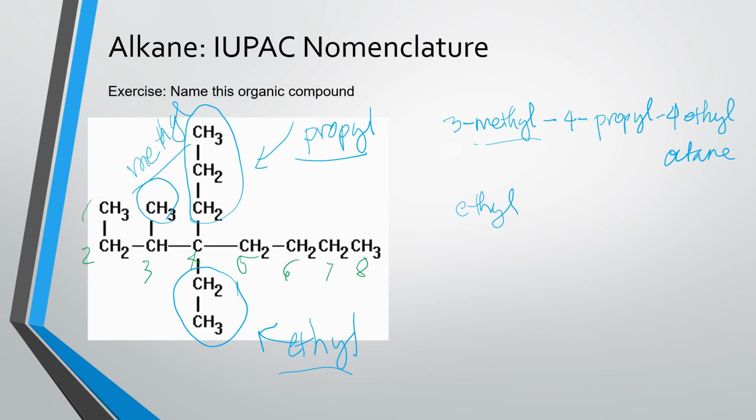Pangalawa si sino? A, B, C, D, E, F. Susunod, methyl, propyl. Tama. Ethyl. Una. And then methyl. And then propyl. Tama ba? Tama.